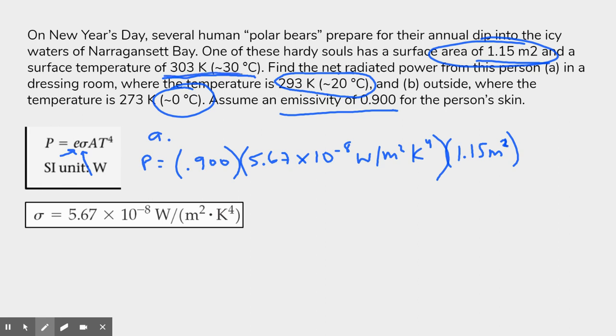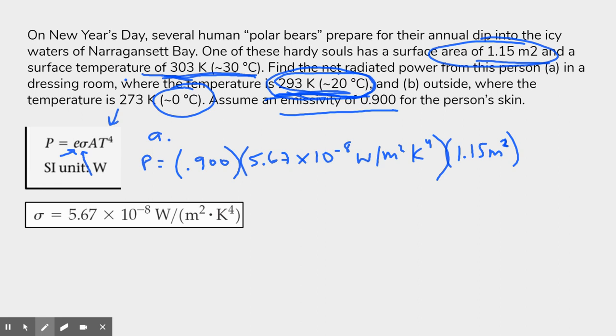We see a surface temperature, which is right here, but we also have the temperature outside. So we're going to take the surface temperature and subtract the temperature of the space that this person is in. So the surface temperature of the human minus this temperature is going to give us our T to the power of 4.